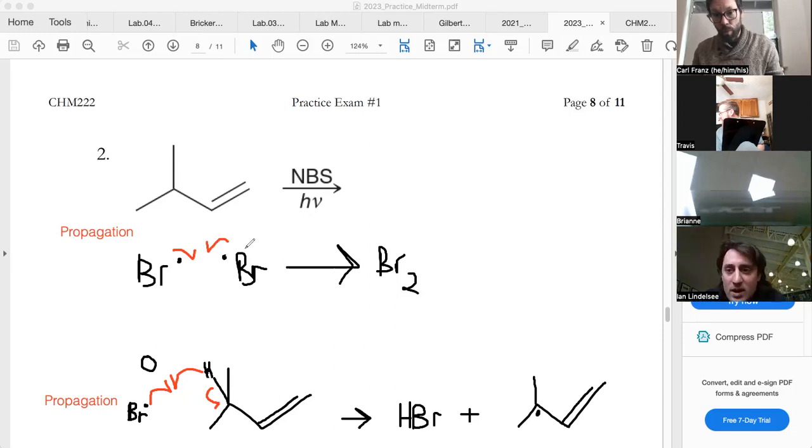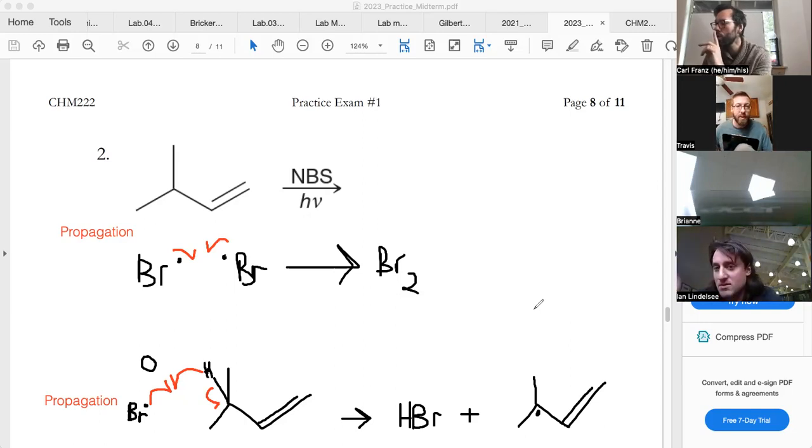Okay, so what else? So that last propagation though, you would say Br2 is termination. For termination, that's one product that can be a termination.